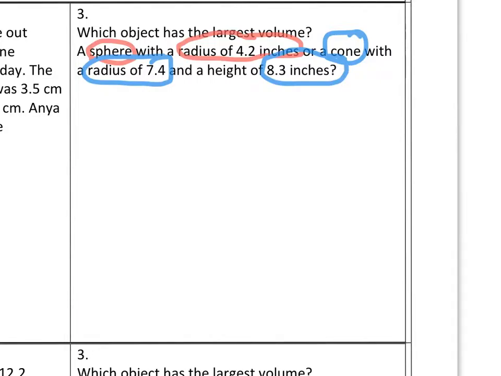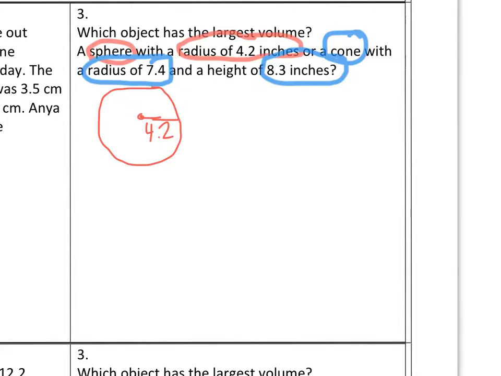So I'm going to draw those out. So a sphere is a ball, about as round as I can make it, there we go, with a radius of 4.2 inches. That means halfway across the circle.